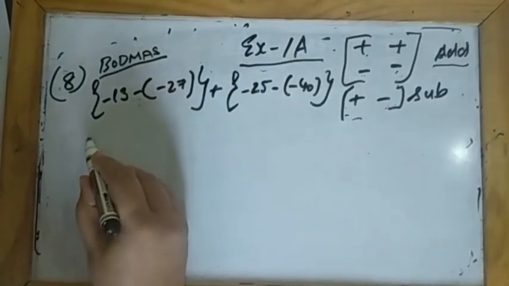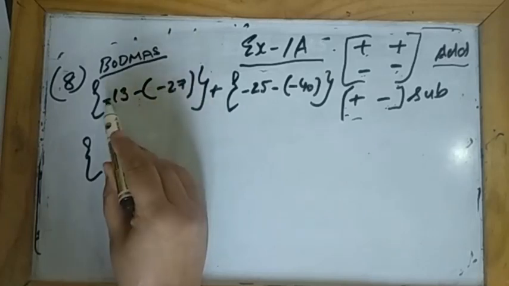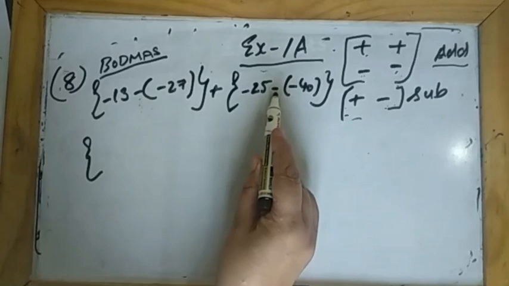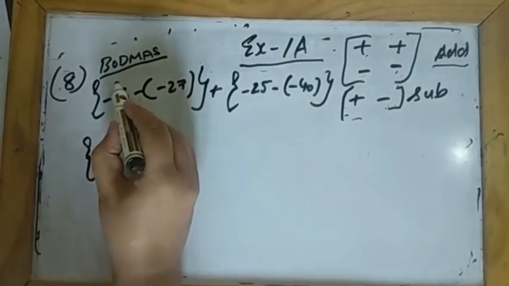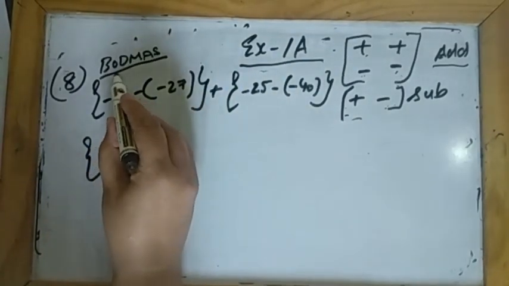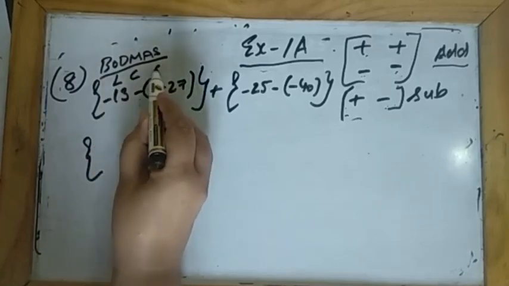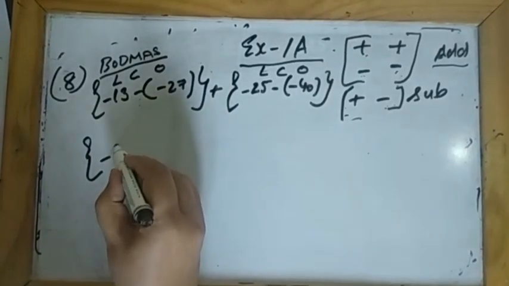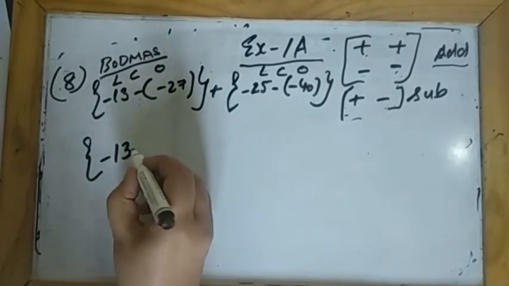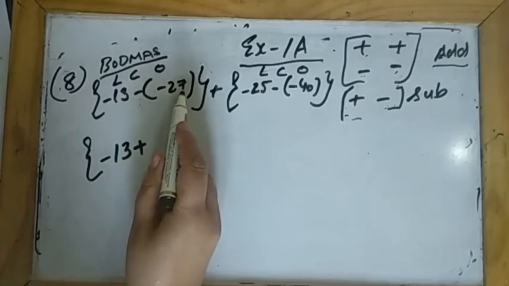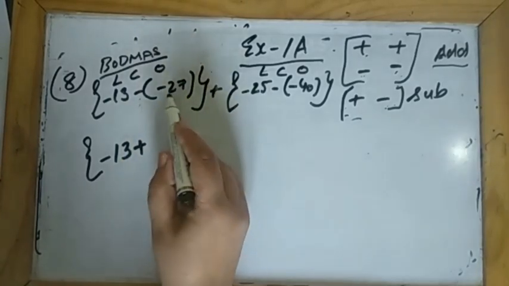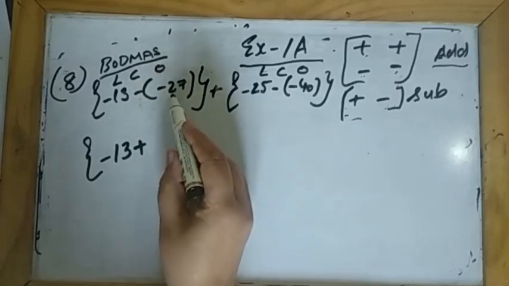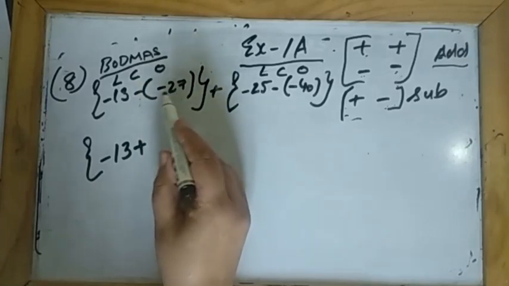Now I see this is a sum of subtraction, and this also is a sum of subtraction. So you have to apply the rule of LCO. Leave the first number as it is, change the sign of subtraction into addition, and make the opposite of the second integer.